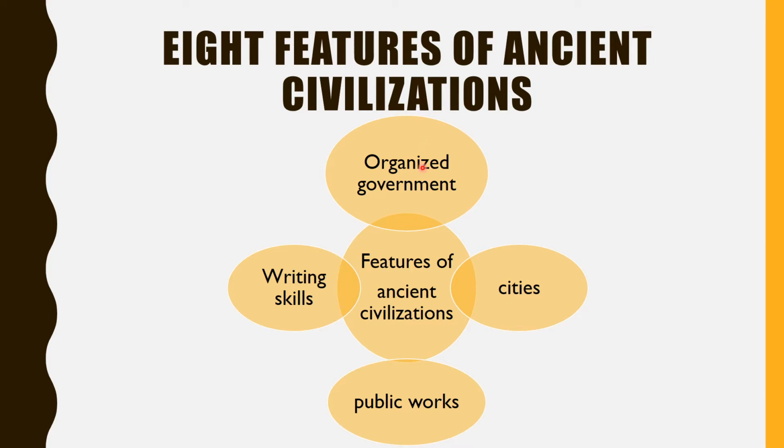That is organized government, cities, public works, writing skills. These are just 4 of the features that historians would look for when researching ancient societies to determine whether or not they were advanced.